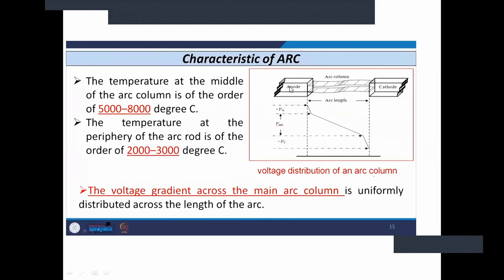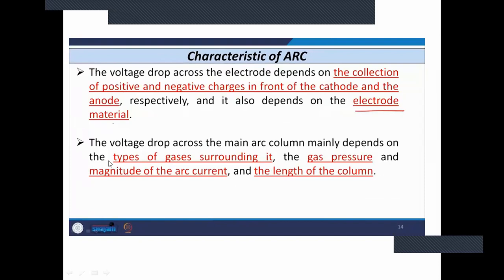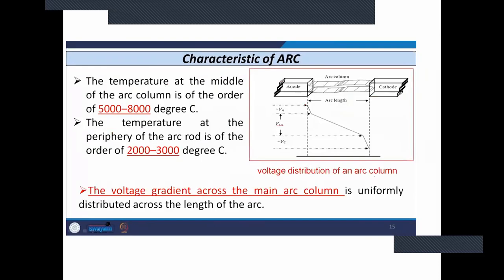Now these are the anode and cathode, and this is the arc column, the arc length. As we have discussed, the arc column depends on the type of the gas surrounding it, the gas pressure, the magnitude of the arc current, and the length of the column.